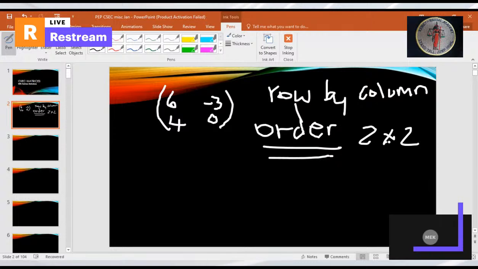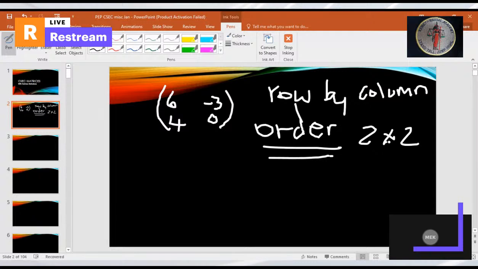If we had a matrix that looks like this, the order of this matrix would be 2 by 1. 2 rows, and then this is the column.